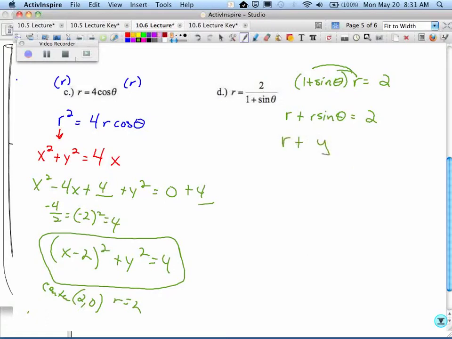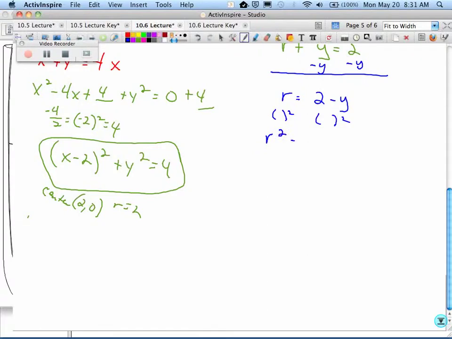So it seems like we kind of spin our wheels for a little bit. But by doing that, now I have something that I can square both sides. Okay? So if I square both sides, I get r squared equals 2 minus y squared, which is 4, plus y squared.